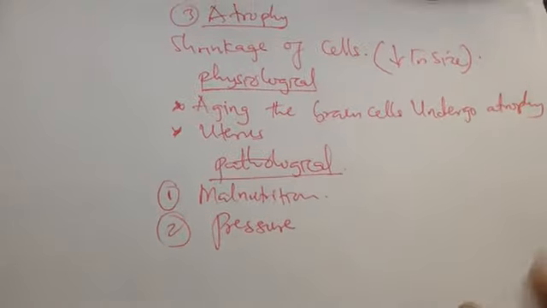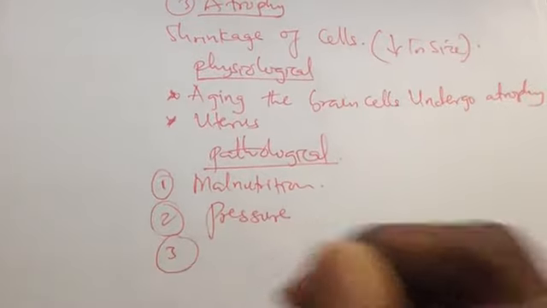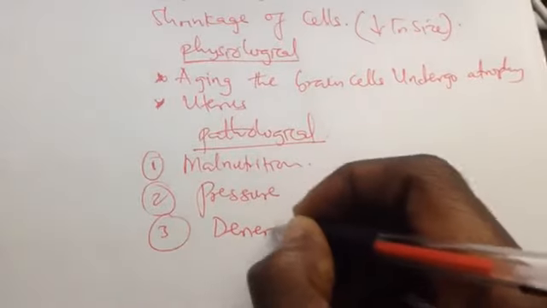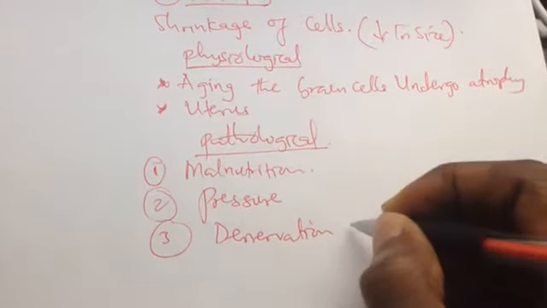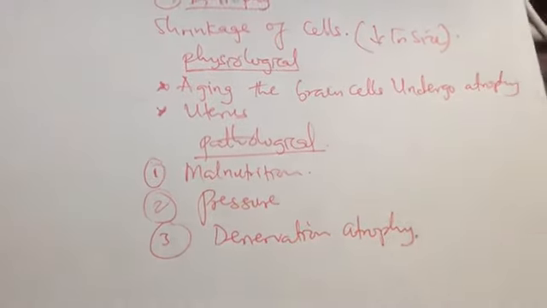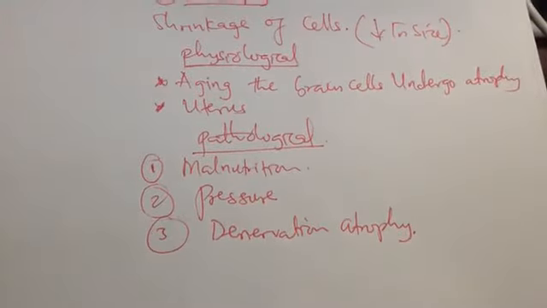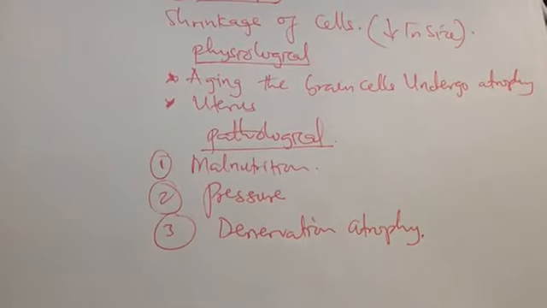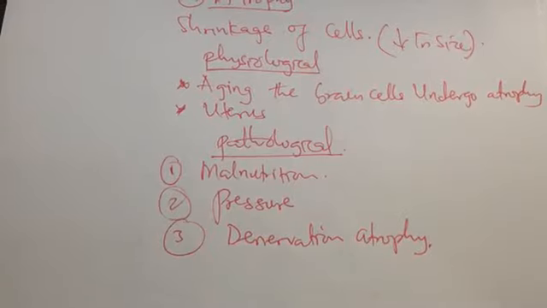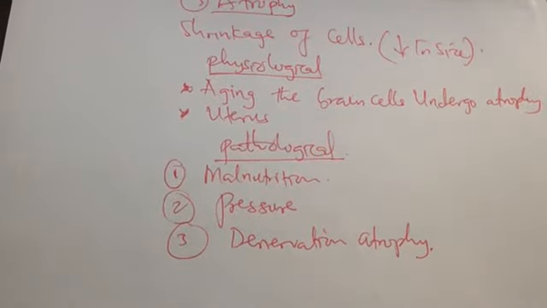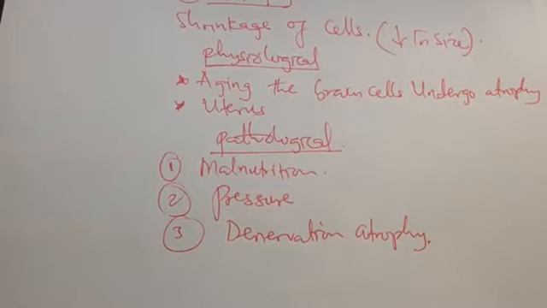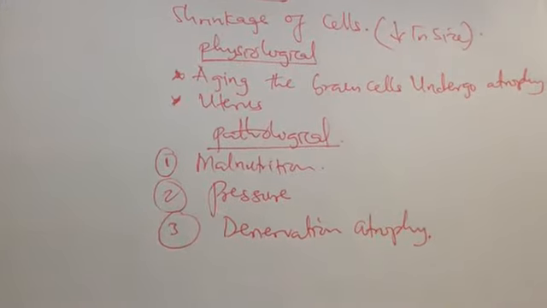So that is it. Then atrophy can also occur due to denervation, called denervation atrophy. For example, if someone undergoes a disease called polio, we already know that the polio virus affects nerves. So if that particular nerve undergoes paralysis, the muscle that is supplied by the nerve will no longer function.